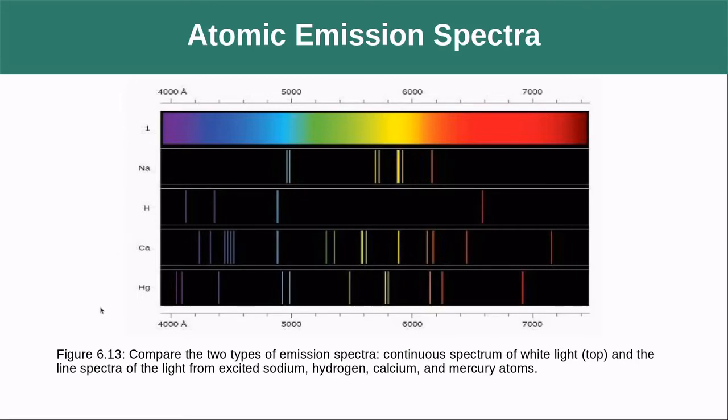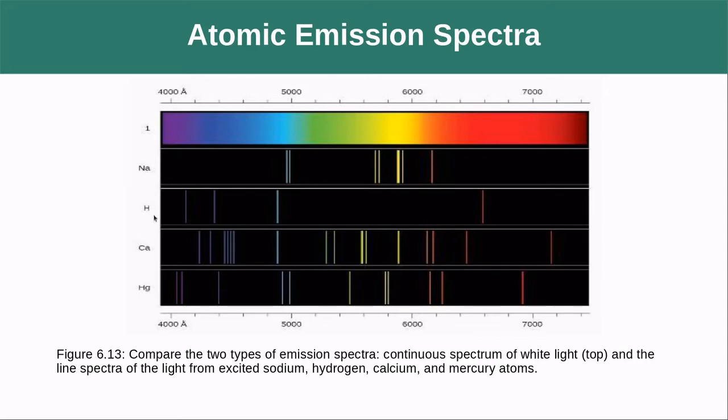So what's happening is that there is quantization here. The mechanism that causes photons to be emitted is that a photon is absorbed by hydrogen, and that causes an electron to go to a higher state.